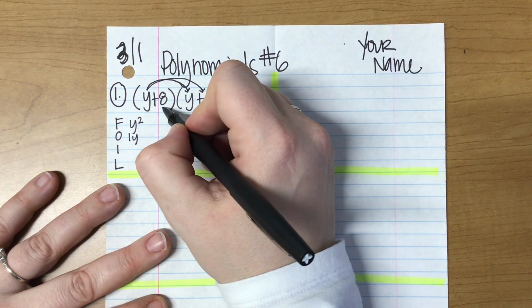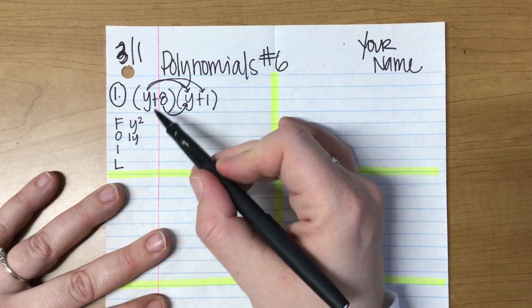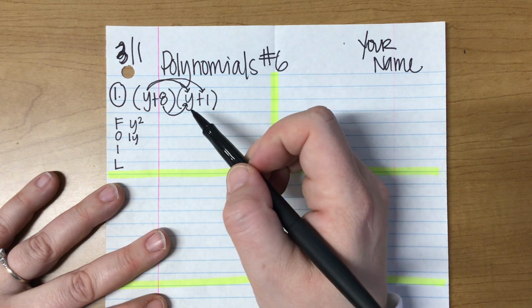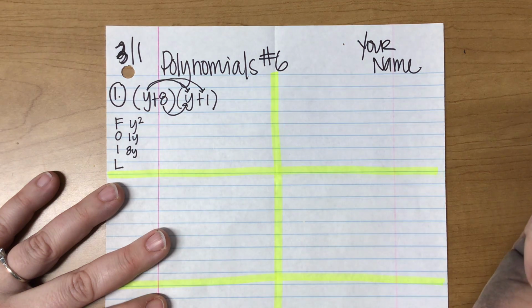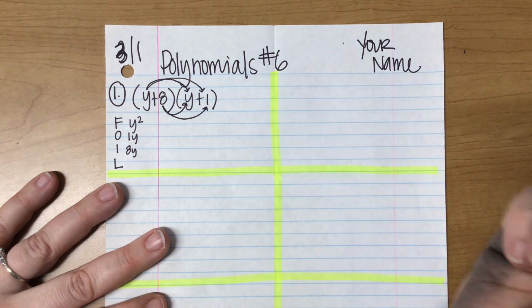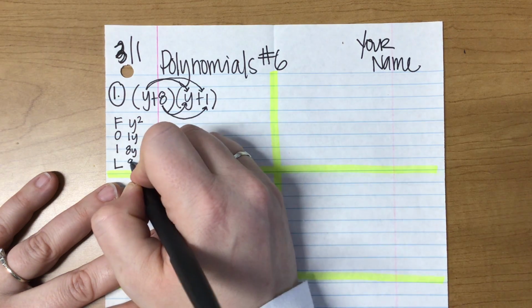Now I take the inside terms, or the second term times the other first term. They're both on the inside. 8 times y is 8y. And then I take that second term times the other second term, or the last term times the last term. 8 times 1 is 8.